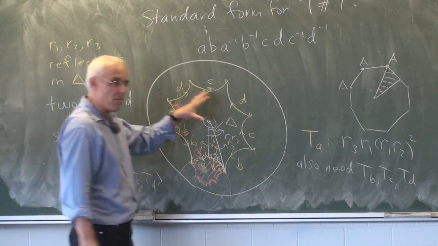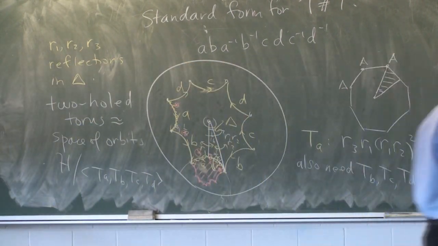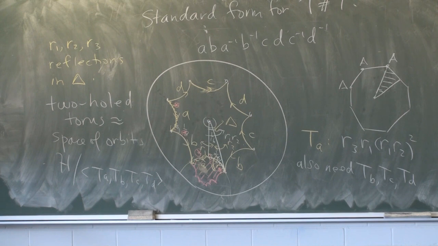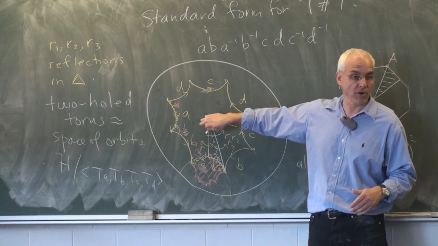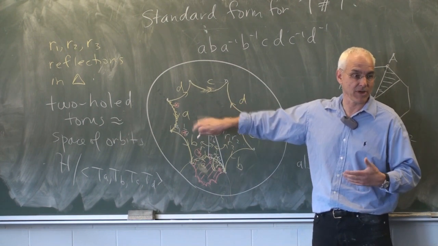And this makes it very homogeneous and means that any one point on the two-hole torus looks very much like any other point. And locally, we can talk about the hyperbolic geometry of the two-hole torus coming from this realization of it.